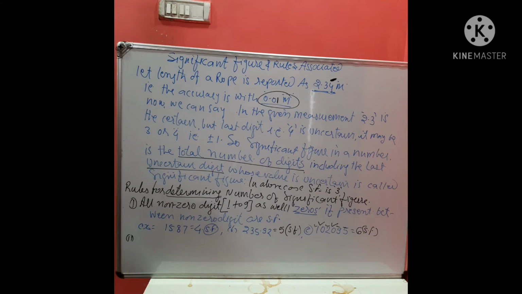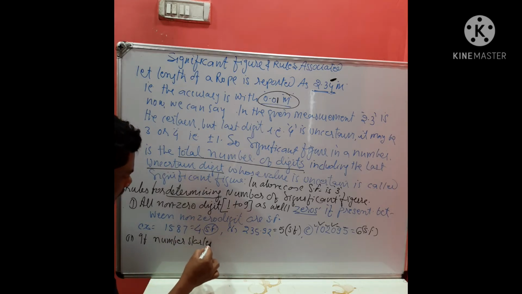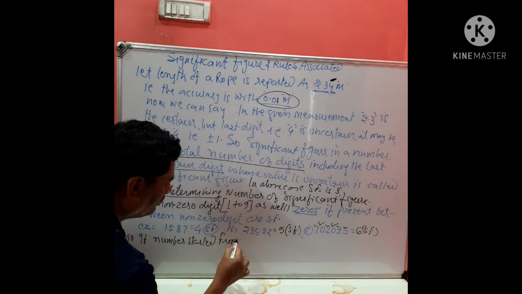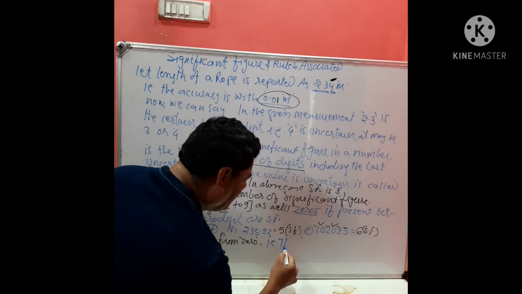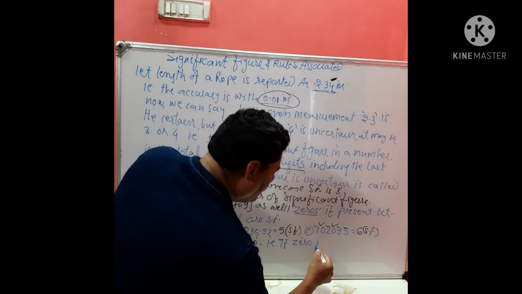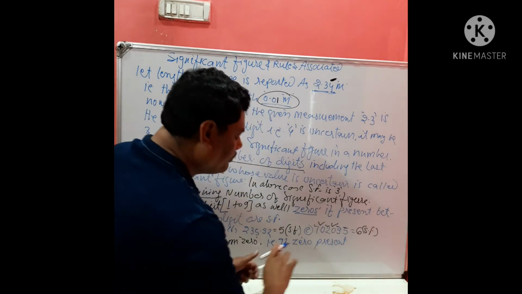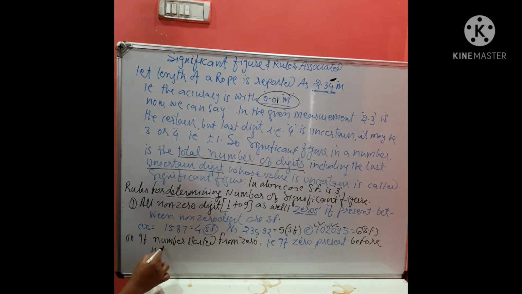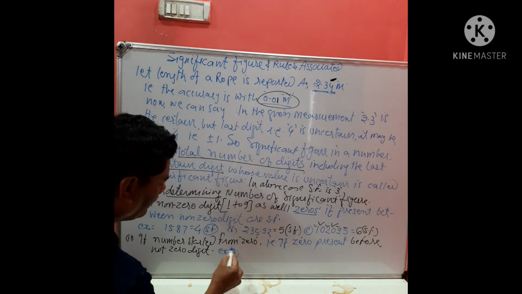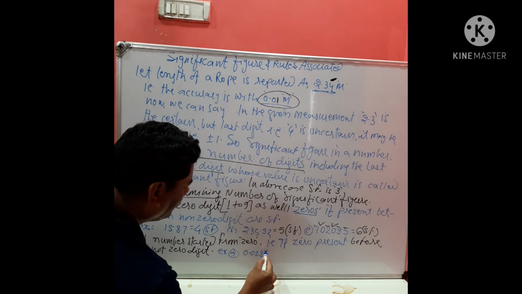It is possible that it may be present anywhere, like if the number starts with 0, that is, if 0 is present before non-zero digits. Example A: 0.0235.